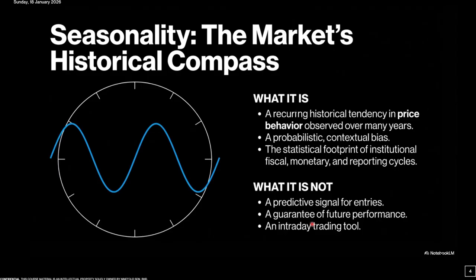Now, the second thing is, where does this word tendency come from? Well, let me be clear. Seasonal tendencies and seasonality mean the same thing. The tendency aspect comes from the fact that seasonality is a recurring historical tendency for price to be bullish or bearish during a certain period.